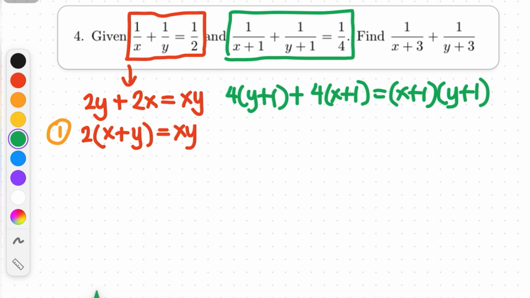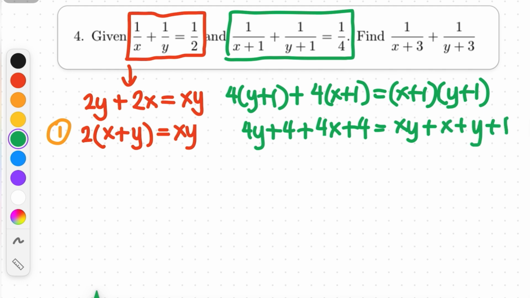Okay, let's try and simplify things here first. We have 4y plus 4 plus 4x plus 4 is equal to xy plus x plus y plus 1. Putting things together, the 4y and the 4x we can write as 4 times x plus y, and the 4 plus 4 becomes plus 8.